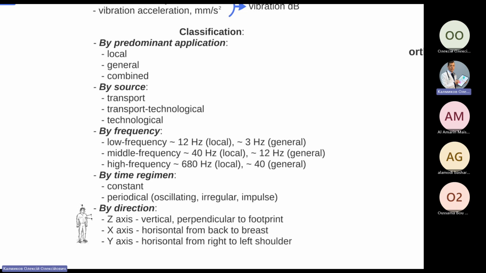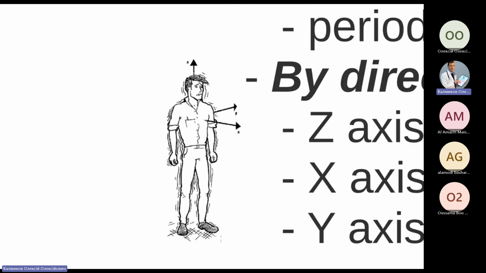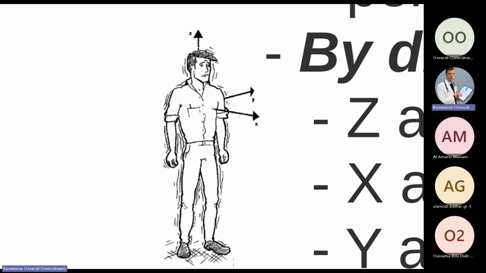The higher the frequency, the more likely there will be changes in vascular condition, and the lower the frequency, the more significant the damage to the locomotor system and tissues in general. And by direction, thanks for your answers. The most dangerous for human beings is vertical orientation of general vibration.